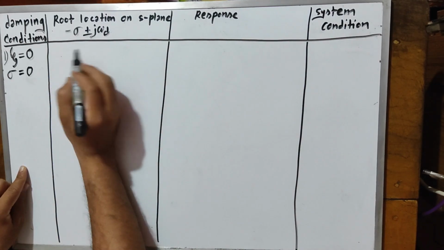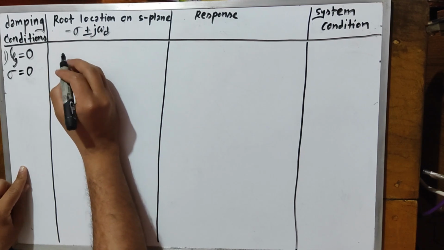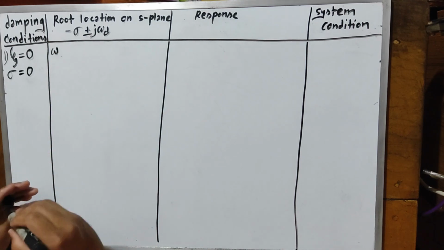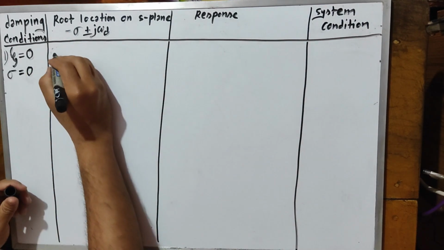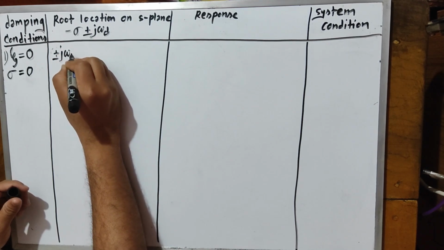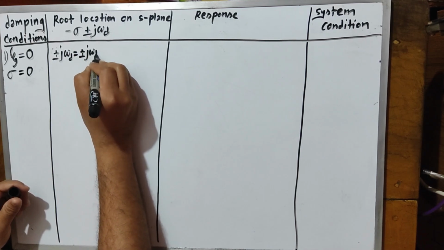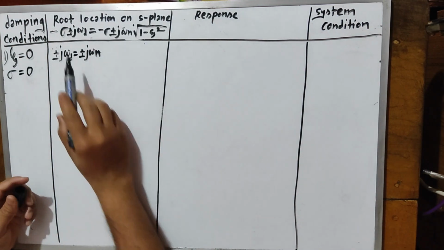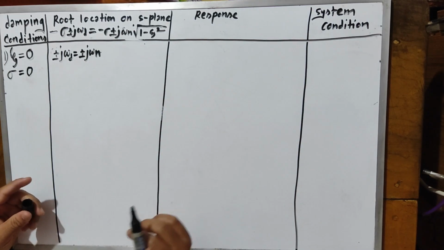As the Napier frequency is 0, the roots are plus minus j omega d, which equals plus minus j omega n. So this is the equation for the roots on the S plane.